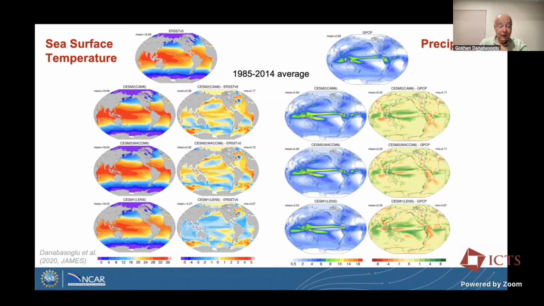Yeah, I guess they're called persistent biases for a reason. Some of the biases that you mentioned, in particular, I think this is the slide you were mentioning. In addition to the Western boundary biases and the Gulf Stream biases, the tropical Pacific biases have been rather persistent.